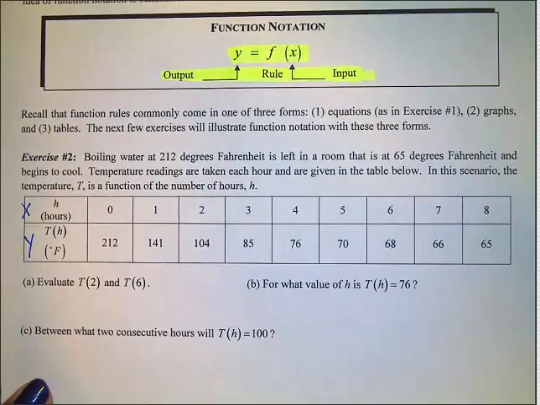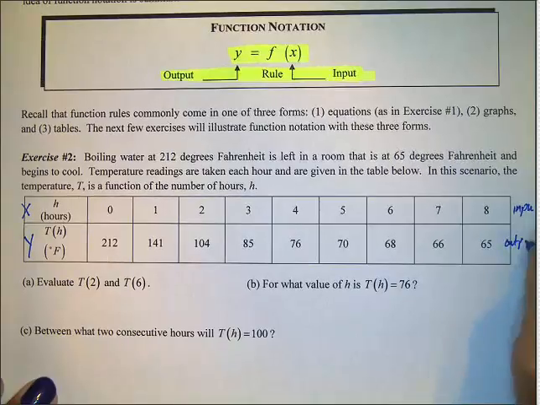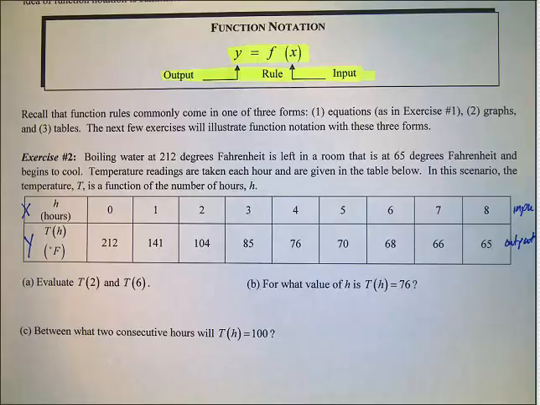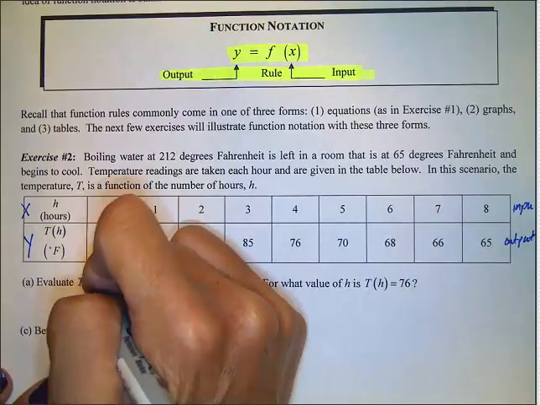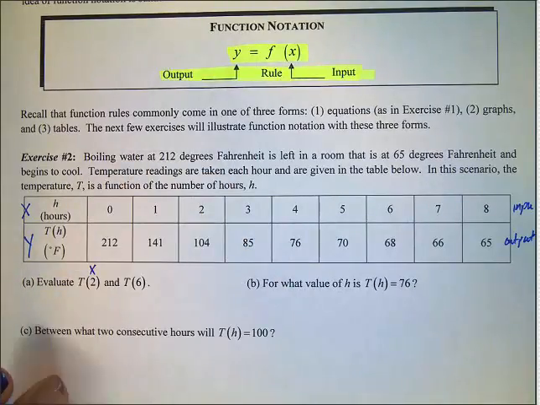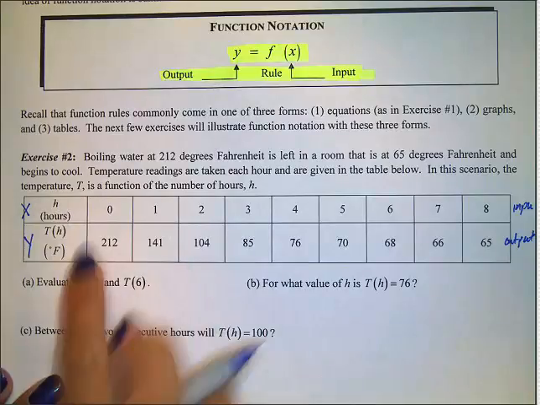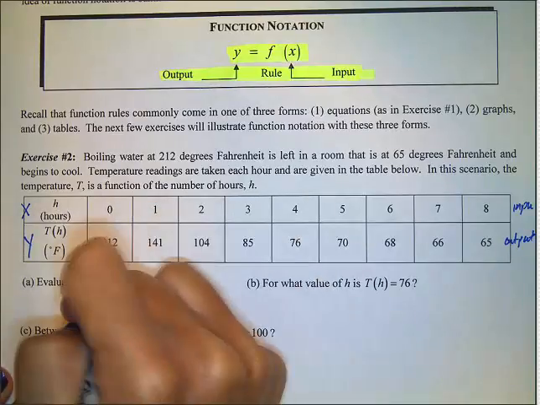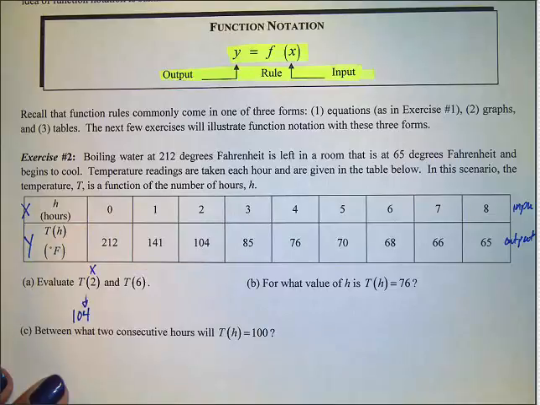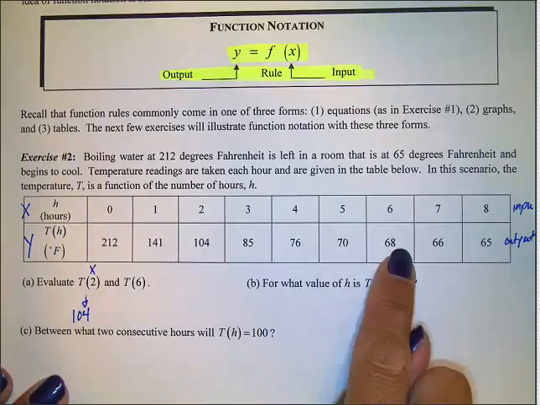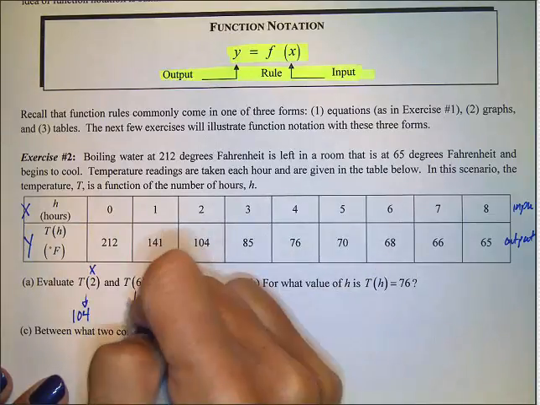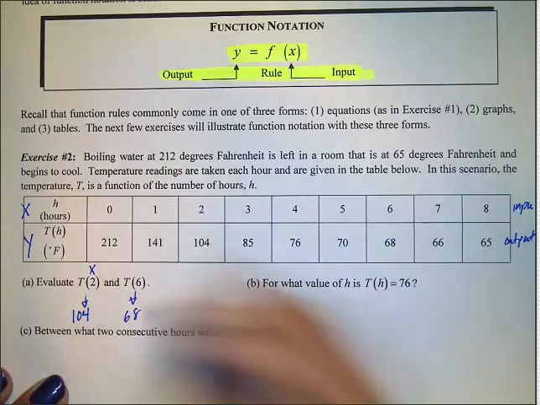This is our input, this is our output. So evaluate T of 2. Remember, 2 is your x value, or in this case, your hours. So at 2 hours, we have 104 degrees Fahrenheit. At 6 hours, we have 68 degrees Fahrenheit.